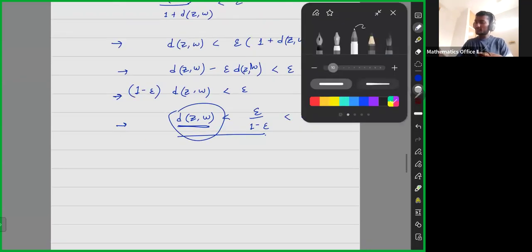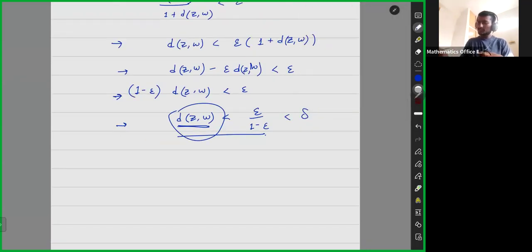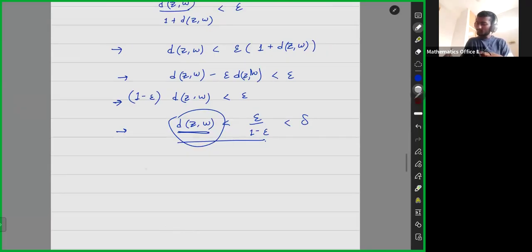Okay, come here to see this part. So epsilon is less than delta times (1 minus epsilon). From here, we get epsilon plus delta epsilon is less than delta, and from here we get epsilon less than delta upon 1 plus delta.